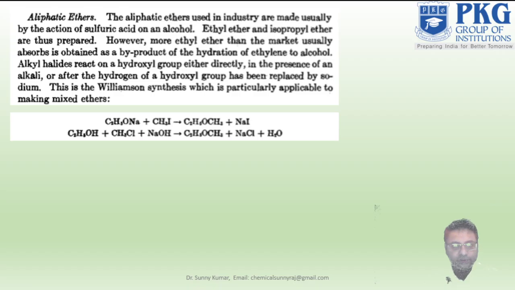So this is a reaction: C2H5ONa plus C2H5I, which is a halide group, and this group is replacing here, and the salt sodium iodide is forming. Then C2H5OH plus CH3Cl with NaOH: the alkyl group is attached here, replacing the hydrogen of the alcohol group, and salt and water are formed.